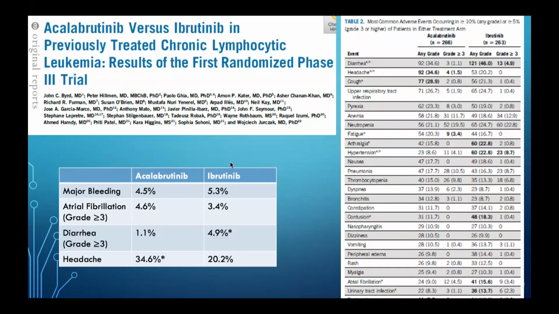Some of those myalgias, arthralgias that ibrutinib also causes are likely worse than acalabrutinib, but the major effects we didn't see, or I didn't see as much of a reduction as I had hoped for in this trial. And then, not surprisingly, that increased risk of headache is also consistently documented here with acalabrutinib.